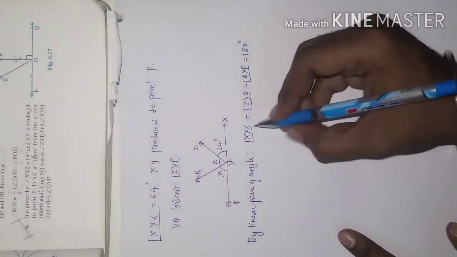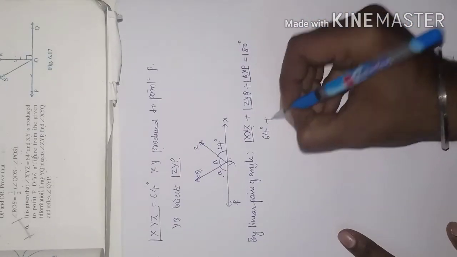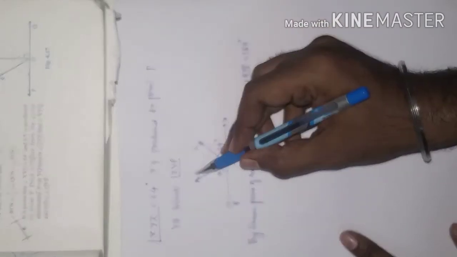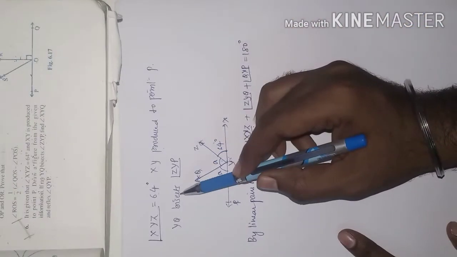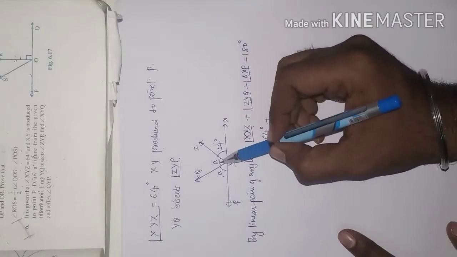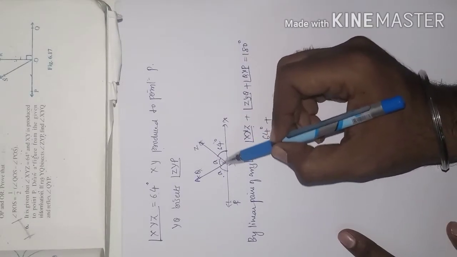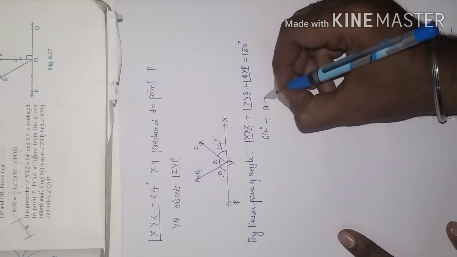Now XYZ is equal to 64 degrees, we know, and ZYQ and QYP are both equal, since they are bisected. So that is why we wrote A and A here. So I can write it as A plus A.